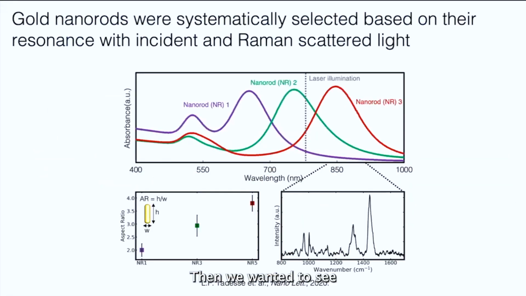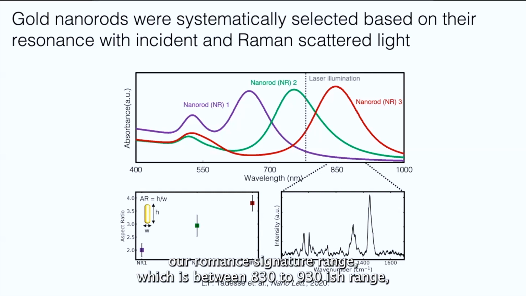Then we wanted to see if the theoretical hypothesis of the nanorod's absorbance matching the laser incident light, which is at 785 that we're using here, or the Raman, is valid for our case. So we tested these 3, where the red one matches our Raman signature range, which is between 830 to 930-ish range.